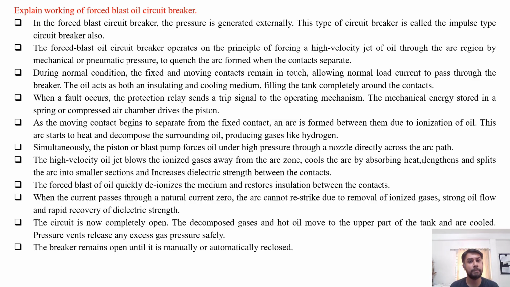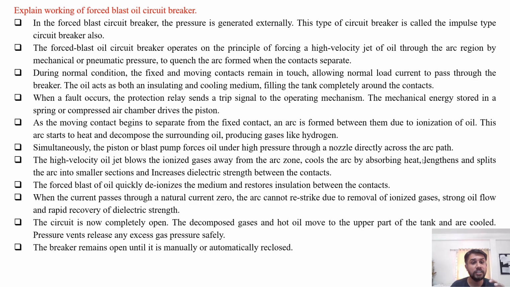As the moving contact begins to separate from the fixed contact, an arc is formed between the contacts due to the ionization of the oil. This arc starts to heat and decompose the surrounding oil and produces gases like hydrogen and hydrocarbons. Simultaneously, the piston or blast pump forces the oil under high pressure through a nozzle directly across the arc path.